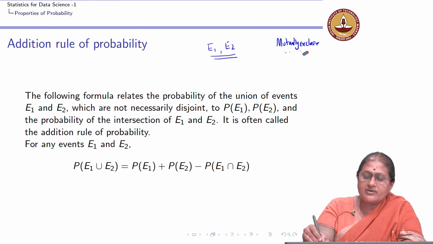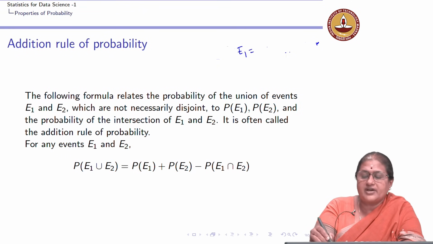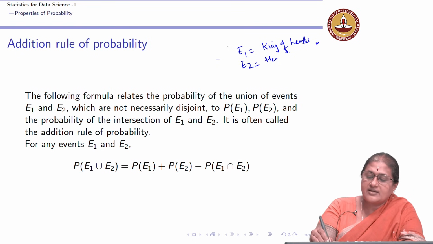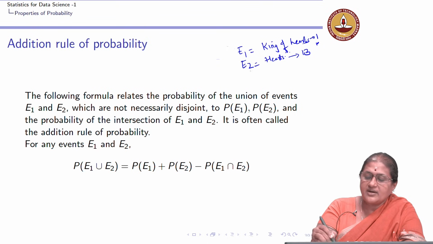But sometimes we are having events. For example, if you recall our card example, one of the events I defined was a king of hearts. The second event we defined was hearts. These two events, this had 13 cards, this had only one card.